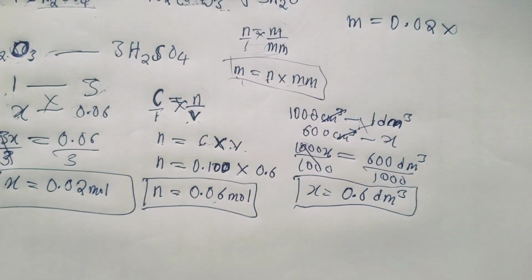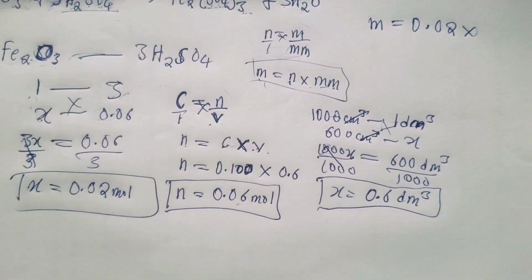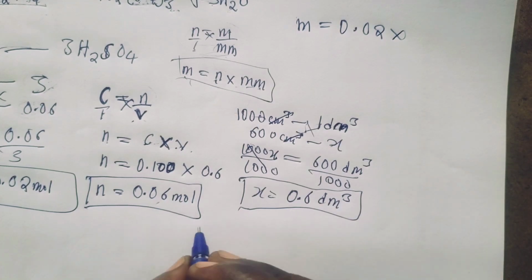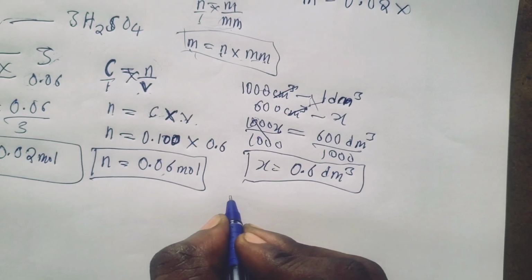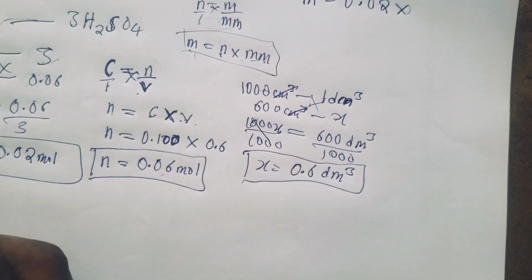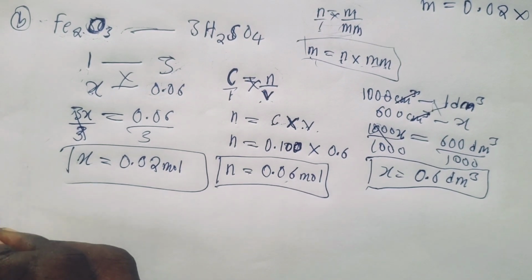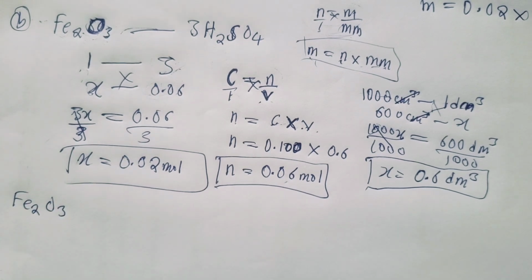We need to find the molar mass of what? Iron 3 oxide. It's easy to find the molar mass, you can find it from here. So this is iron 3 oxide.